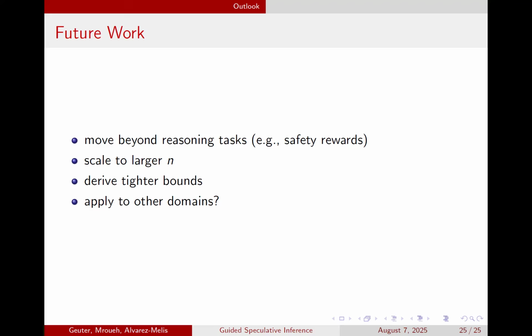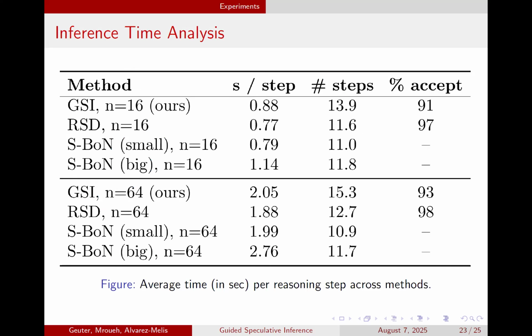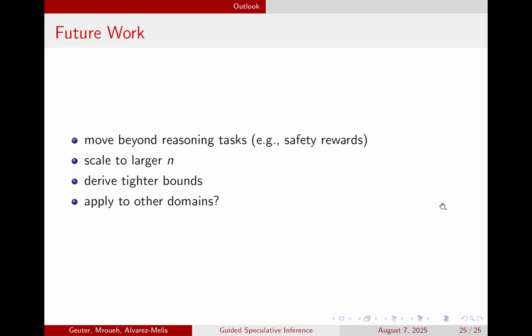Because for reasoning data sets, the reward models that people use already give you a pretty good idea of whether the response is good or not. So what this other method, RSD, is doing, where they only look at the reward and don't care about the log probabilities under the two models, is probably good enough.